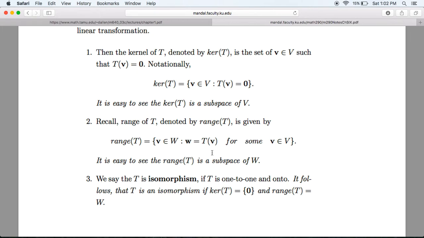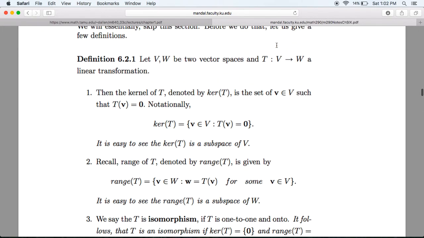Similarly for scalar multiplication, so it can easily be checked that range is actually a subspace of W. So we get a subspace of V and a subspace of W. The special subspace of V is kernel T, and the special subspace of W is range T.